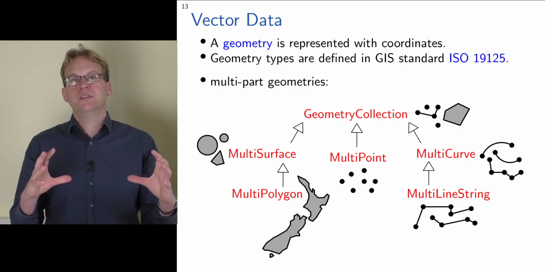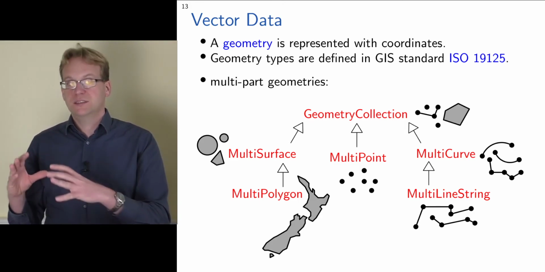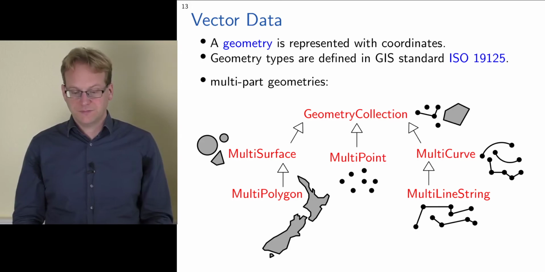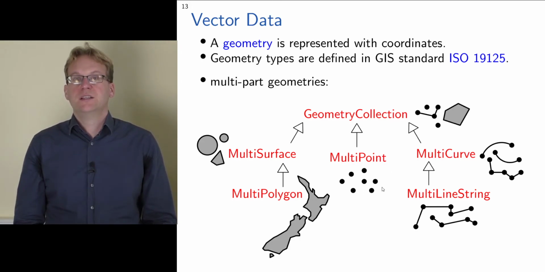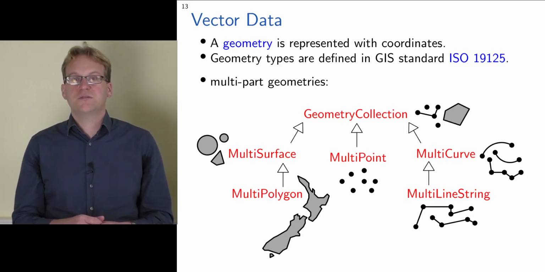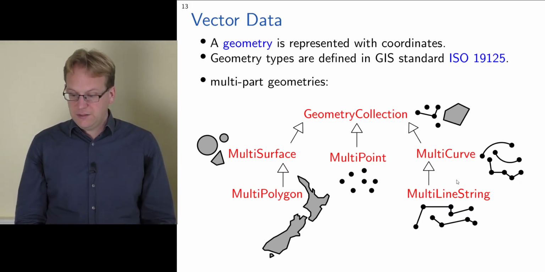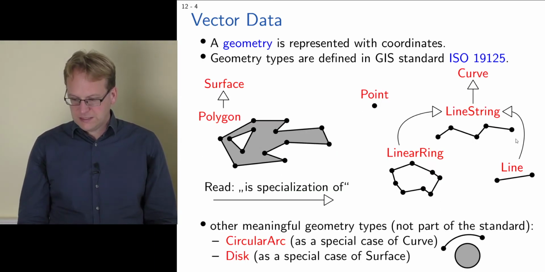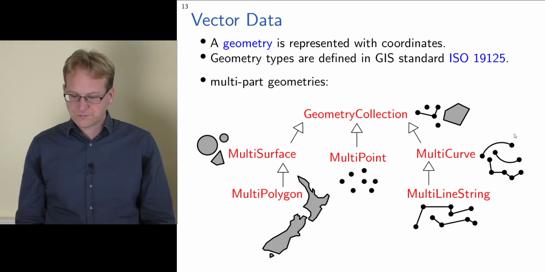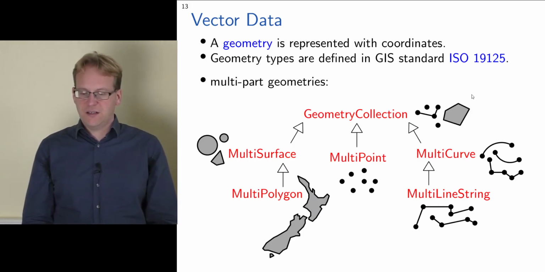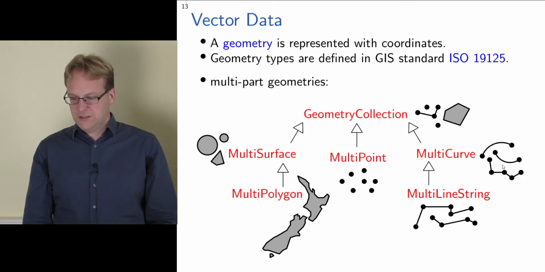So a multi-polygon consists of multiple single polygons. Similarly, we may have a multi-point, which is a collection of multiple points. And we may have a multi-line string, which is called a collection of multiple line strings. So, and then you see that there are also these concepts like multi-surface, which are collections of surfaces, and multi-curves, which are collections of multiple curves.